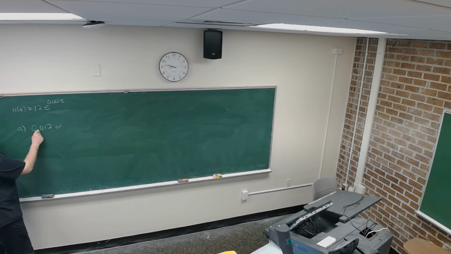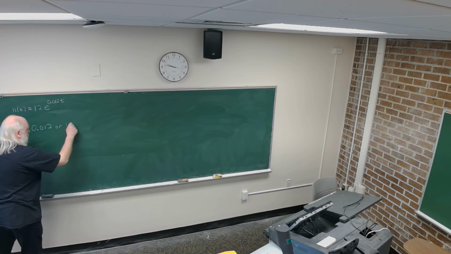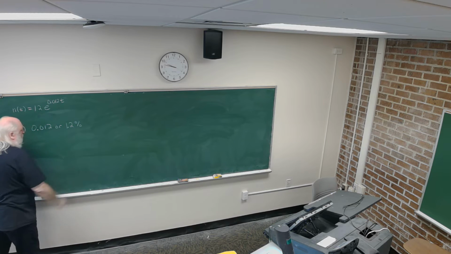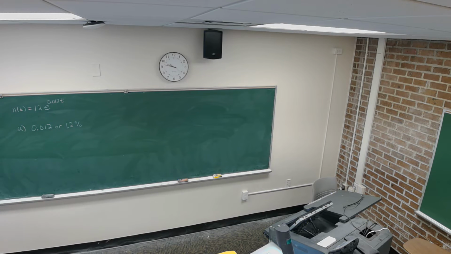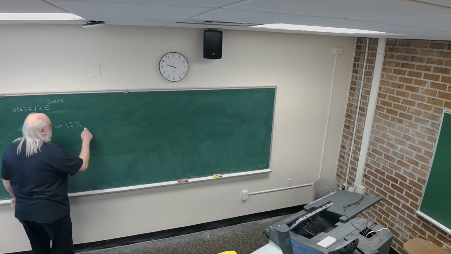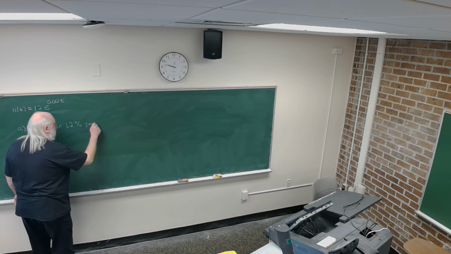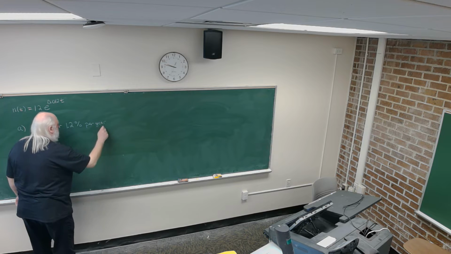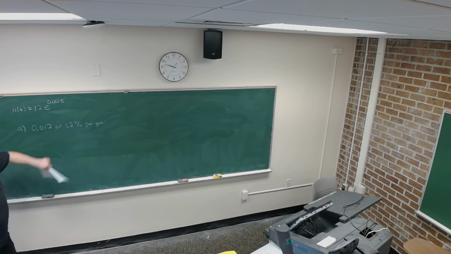Move the decimal place over 2 spaces and add the percent symbol. Since t is in years, the relative growth rate is 1.2% per year. So that number in front of the t is the relative growth rate.